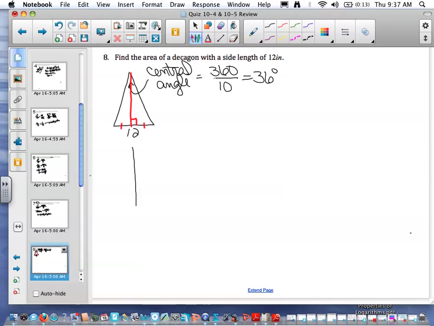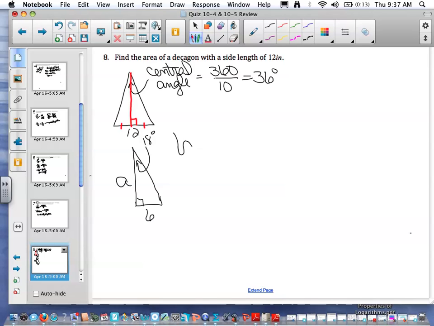So now I'm going to look at this half of that triangle. This length is 6. There's my right angle. Half of 36 is 18 degrees, and I need the apothem.